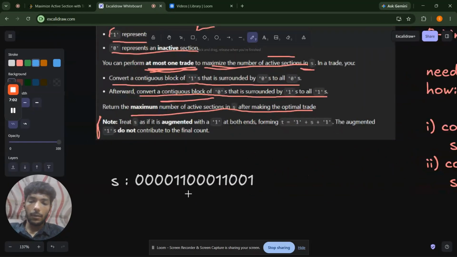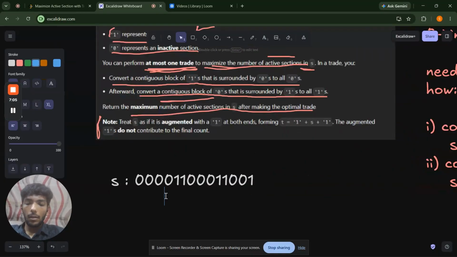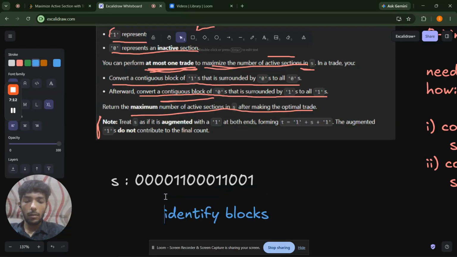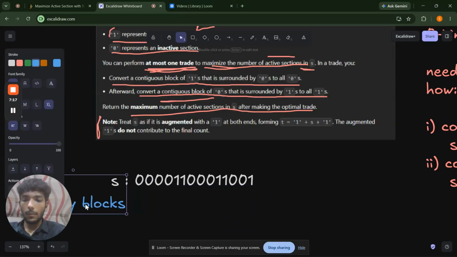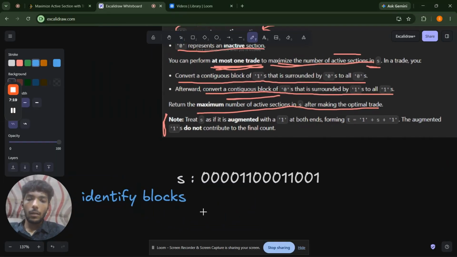But the first step that we should do is identify blocks. So we have three blocks over here. First block is this, second block is this, and even though this one is a single and is not within a group, it can be considered a continuous block.